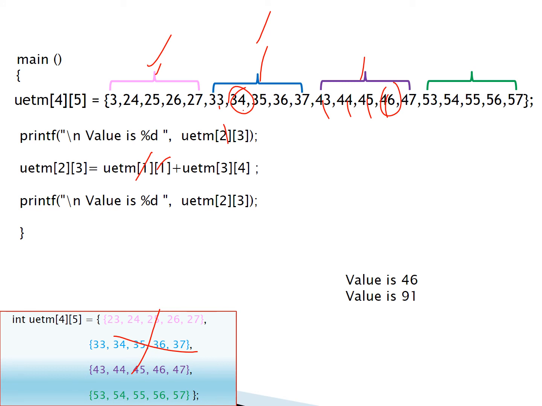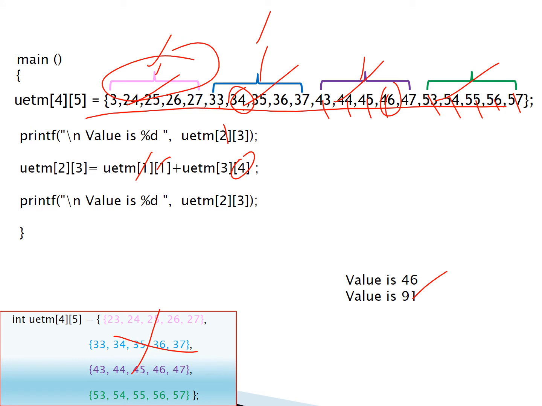And for 3 4, this is array 0 1 2 3, array 3, and element number 4, so 0 1 2 3 4, and so that is 57. So the same output. If we have a straight line, then you can group them like this, so you will not be confused resolving the index numbers.